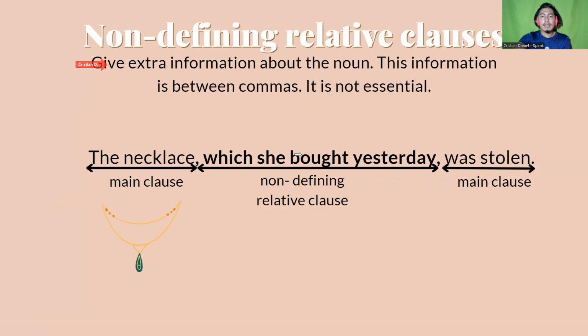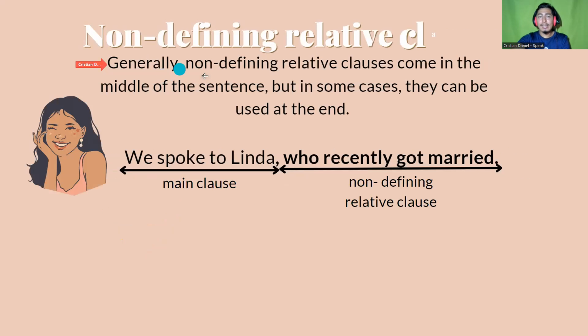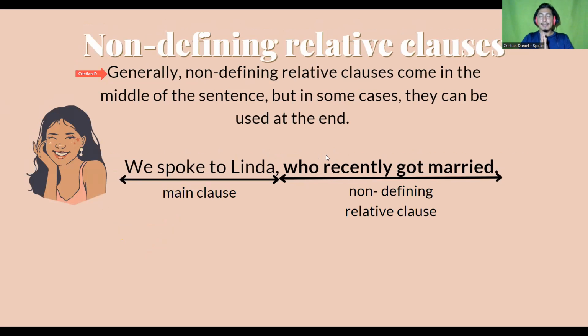Main clause, non-defining relative clause in the middle, and the main clause again. That's the common structure. That's why it says generally non-defining relative clauses come in the middle of the sentence. Pay attention to it, please.